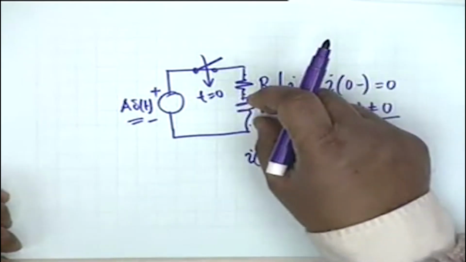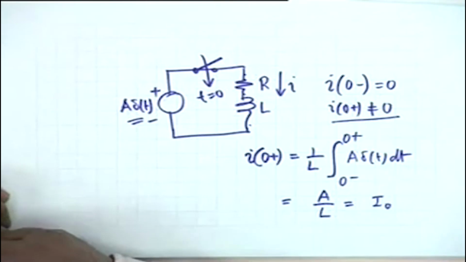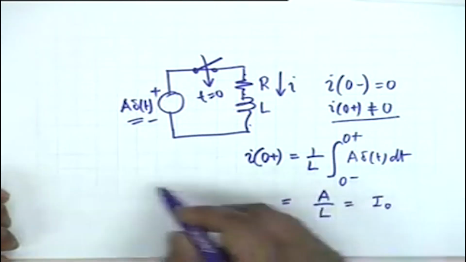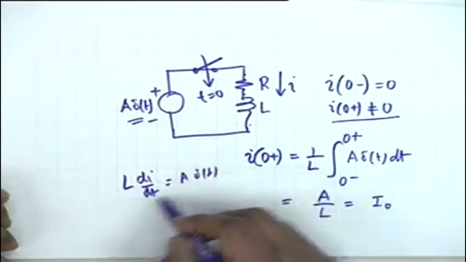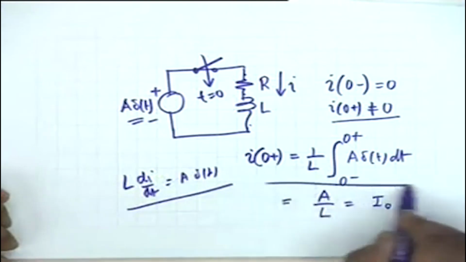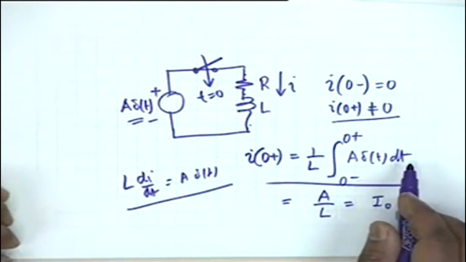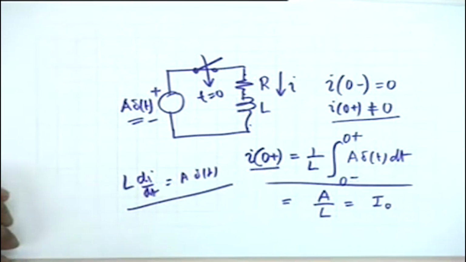Any infinite drop obviously shall swamp the finite drop, and therefore L di/dt is equal to A delta t, and if you integrate this equation, this is what you get, and the integral of delta t dt is unity, and therefore I of 0 plus shall be I 0.